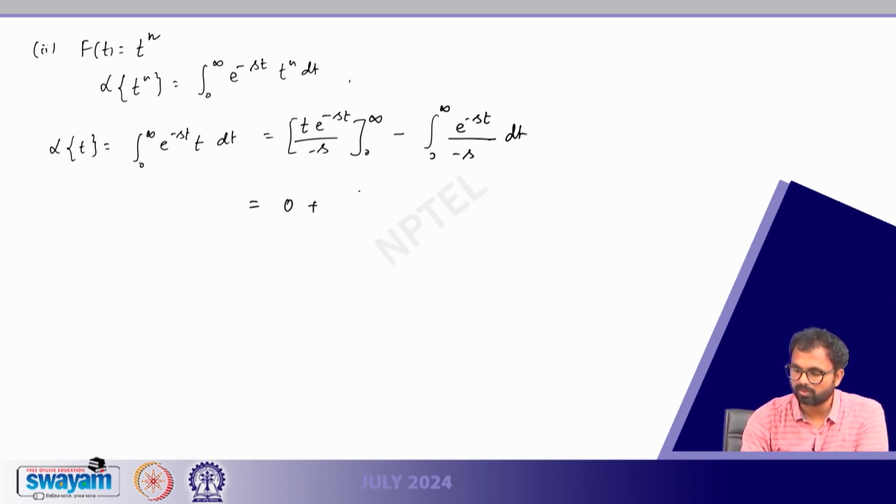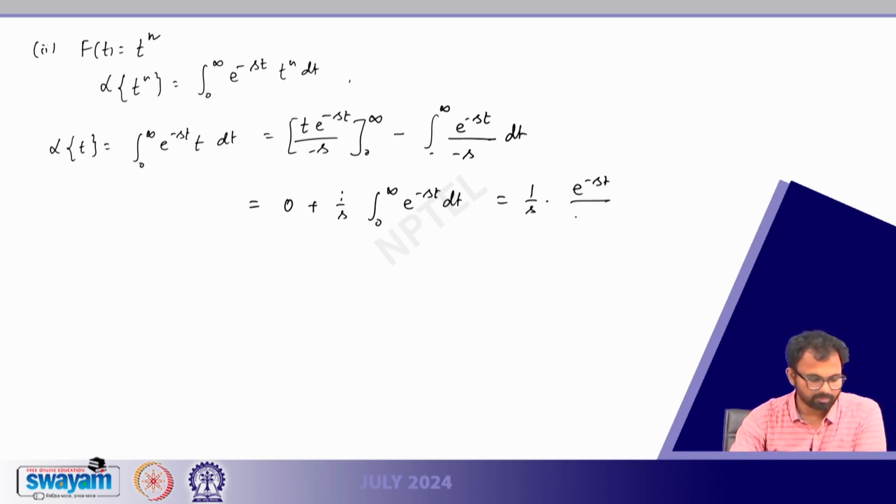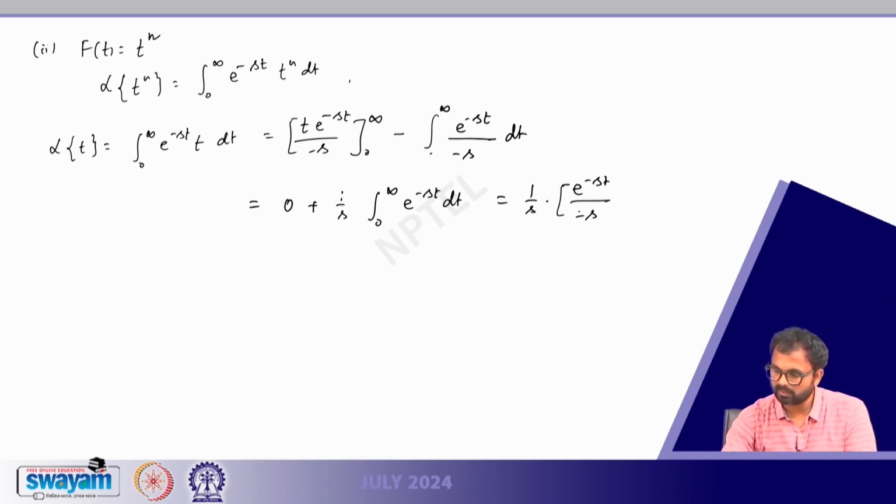So this is 0 plus 1 by s times the integral from 0 to infinity of e to the power minus st dt. When we integrate again, it becomes e to the power minus st by minus s. Again at t equals infinity this goes to 0, at t equals 0 this becomes 1. So this is 1 by s square.